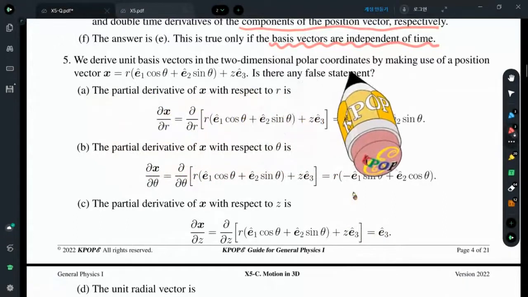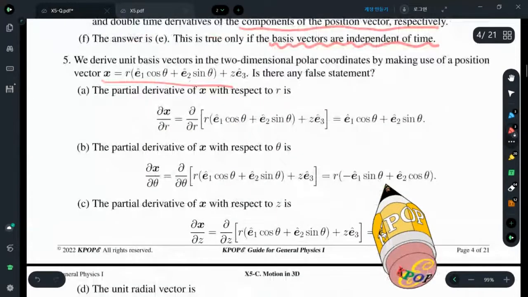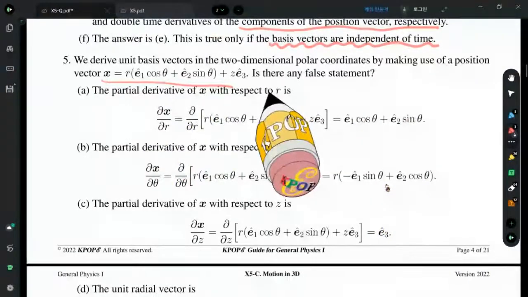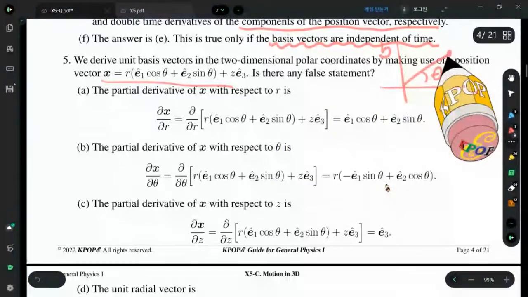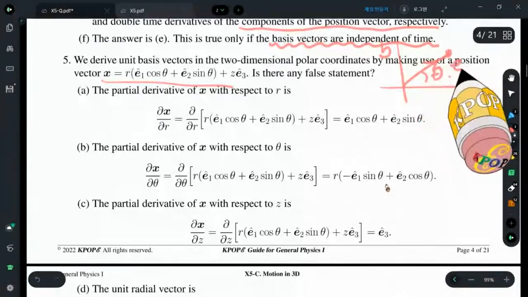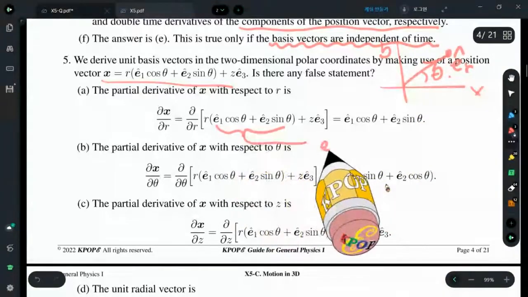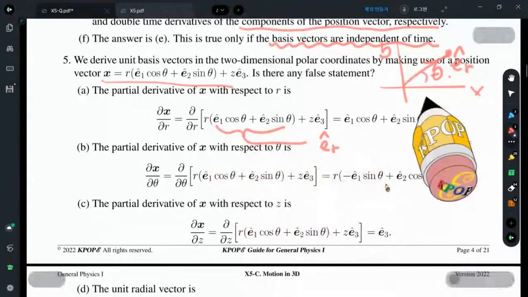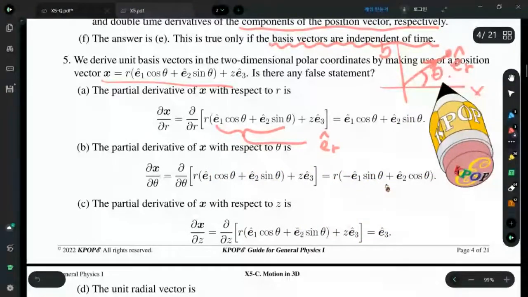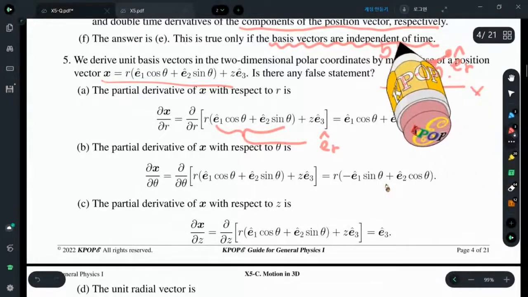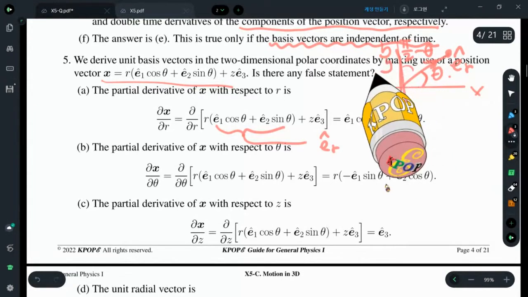So we derive the basis vectors in 2-dimensional polar coordinates using 3-dimensional vectors. On the xy plane, with angle theta, this is the unit vector along the radial direction, e_r hat. It makes angle theta with the x-axis and pi/2 minus theta with respect to the y-axis.